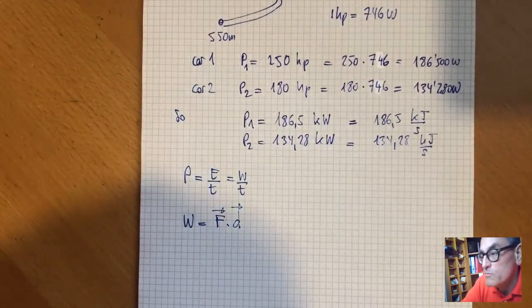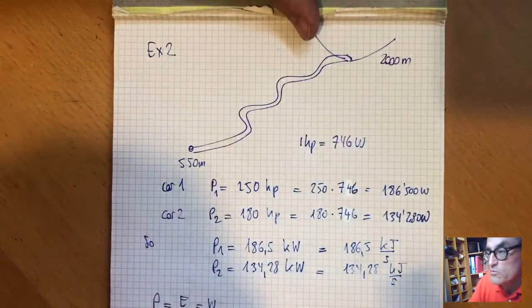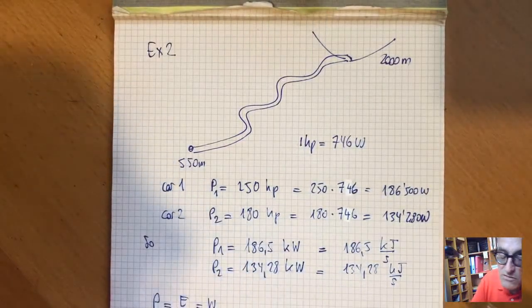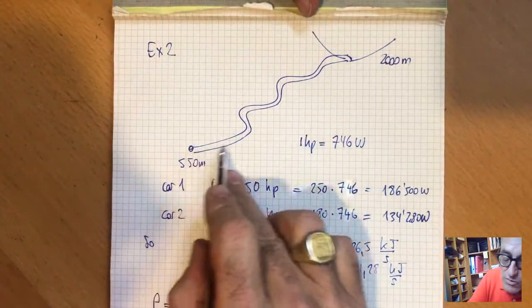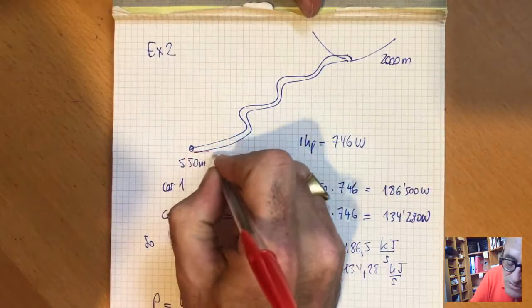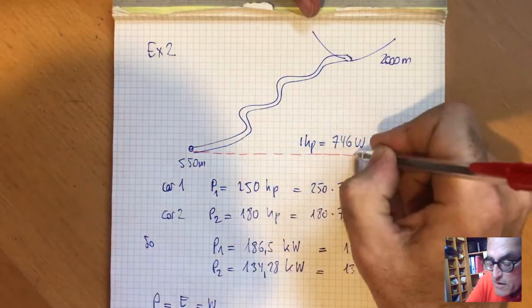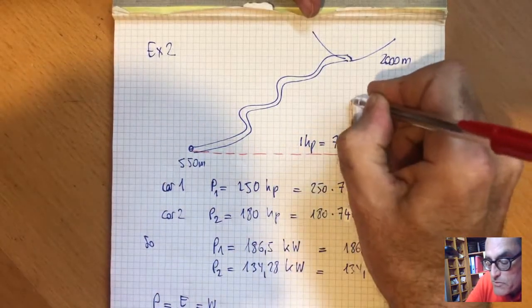Now there is a small complication here, because the distance, it's not a straight line, this is a road. But if we consider that there is no friction, then going up this road in this way, and we will see it later, requires the same energy as going flat and then going up.